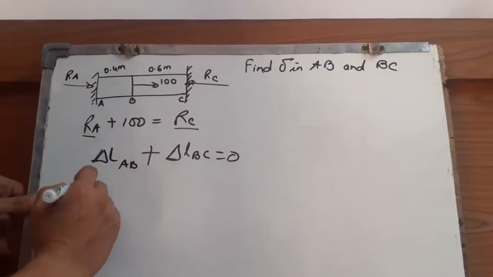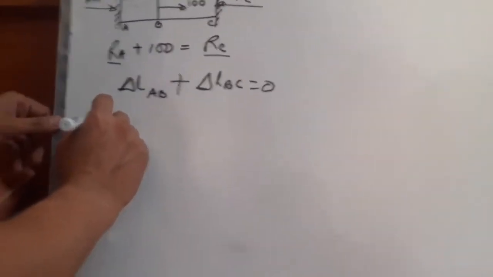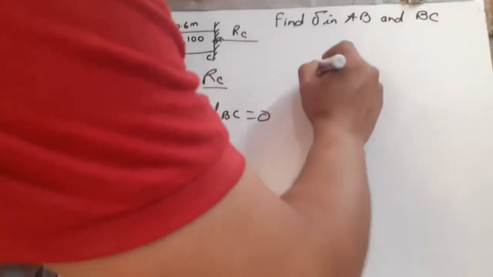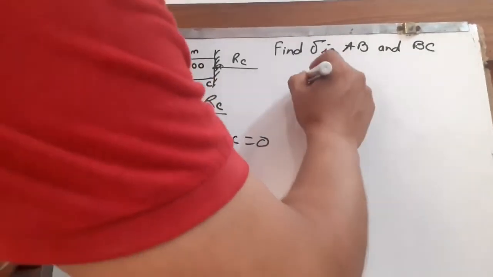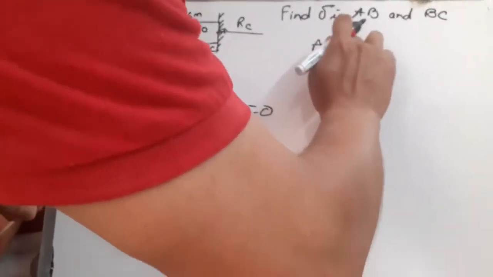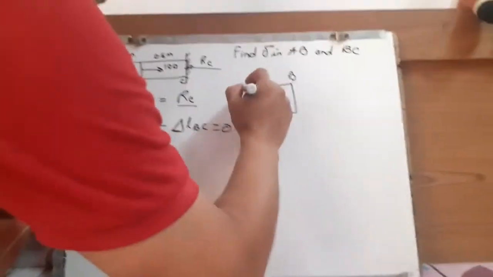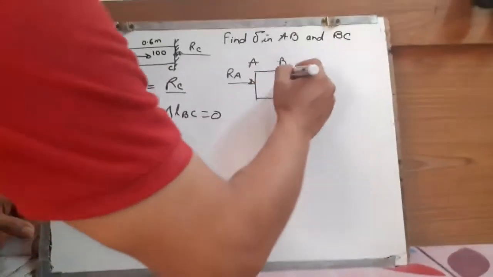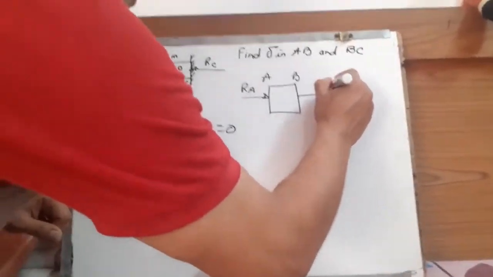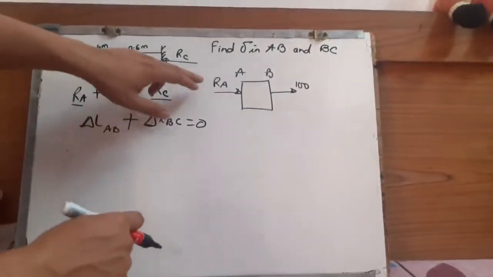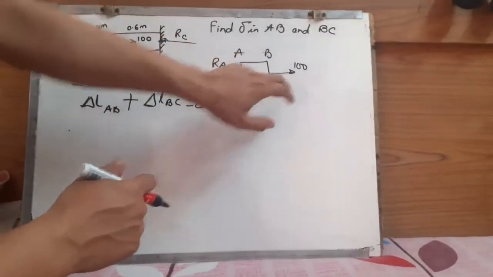So if you isolate element AB, let us say this is element AB, here you have RA and here you have 100. So what you need to do is, this is your reference, this is your manipulator.